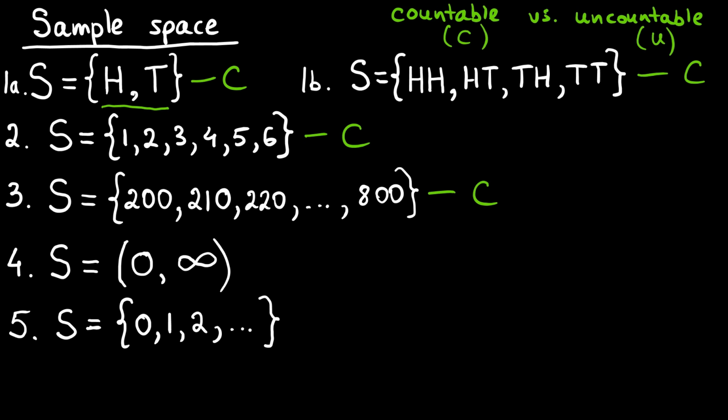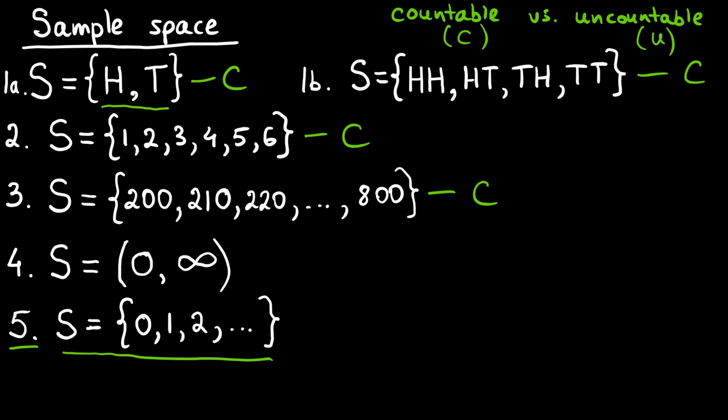If a sample space has an infinite number of elements, but these elements can be put into a one-to-one correspondence with a subset of the integers, then that sample space is still countable. Notice for experiment 5, we have a sample space that consists of a subset of the integers, and therefore it can be put into a one-to-one correspondence with a subset of the integers.